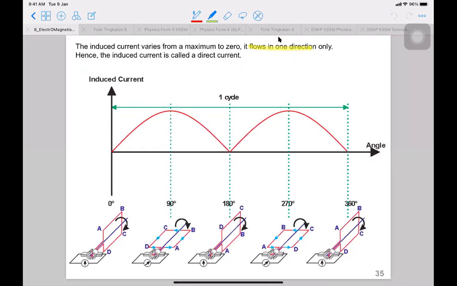Why one direction only? Can anyone give an answer? What is meant by it flows in one direction only? What does it mean when you look at this graph, that the current flows in one direction only?